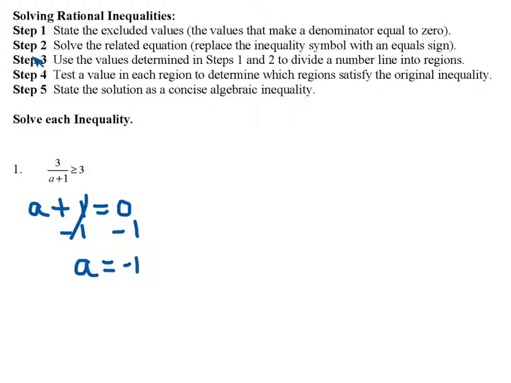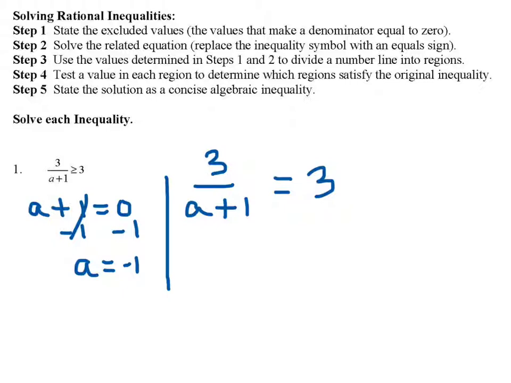Step 2 states to solve the related equation, which is to replace the inequality symbol with an equal sign. So in step 2, I'm going to set up a new equation, which is called the related equation, simply by replacing this inequality symbol with an equal sign.